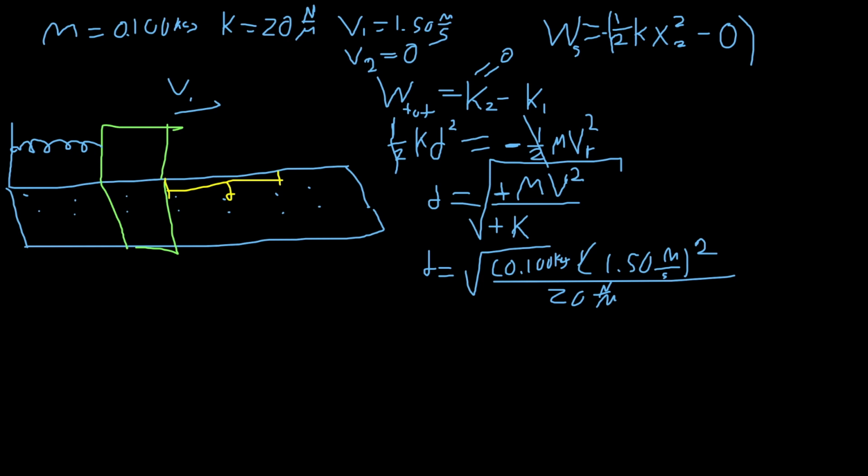You can take the velocity out if you don't want to take the square root of it and move its power of 2 and just have it to the power of 1. So you have 0.1 divided by 20, the square root of, and then you times by 1.5. And that gives us a displacement of 0.106 meters. So this is how far the object travels when there's no friction on the object.